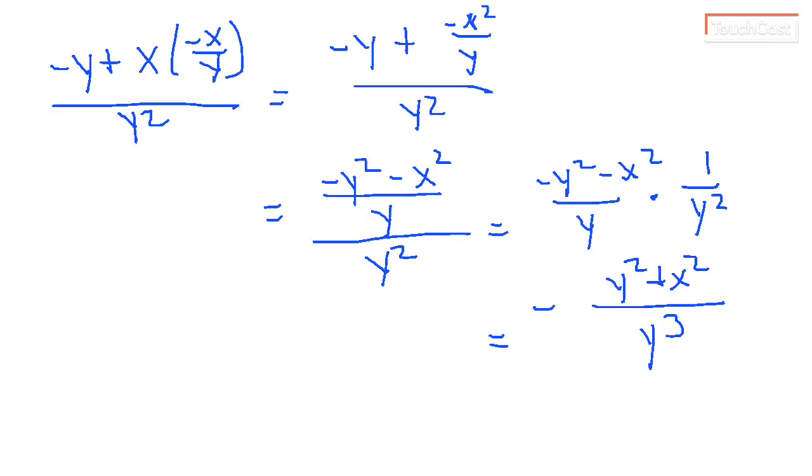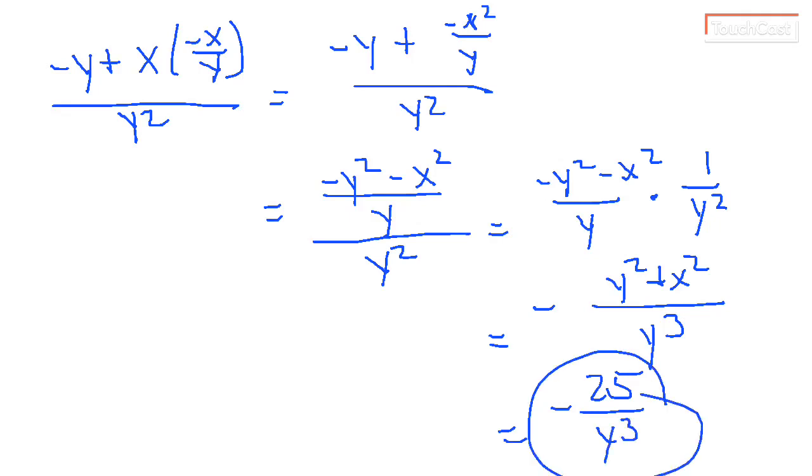Now we also at the beginning of our problem knew, or were given, that x squared plus y squared is 25. So we can replace our numerator, which y squared plus x squared is the same as x squared plus y squared. Let's replace that with 25. So we've got negative 25 over y cubed, and that is our second derivative. So we finish example 6.